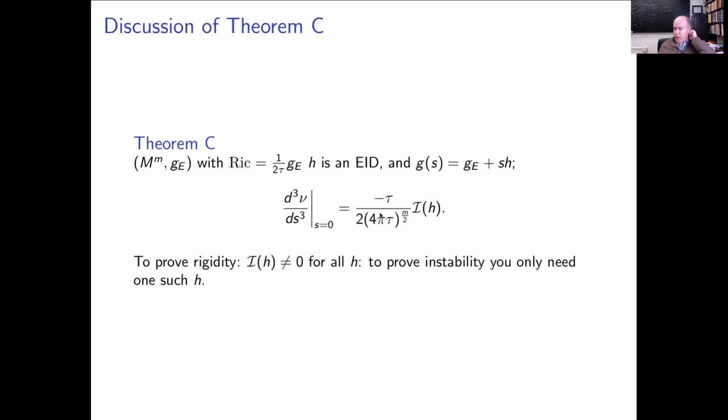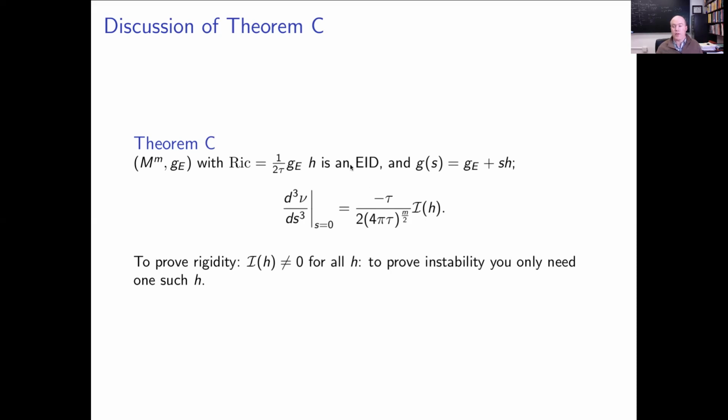So maybe firstly, I'll start by discussing Theorem B from the introduction, which was this connection between instability under Ricci flow and integrability. Okay, so I guess we've already defined nu before, and now I've defined Koiso's obstruction.